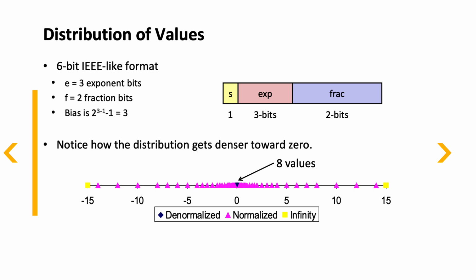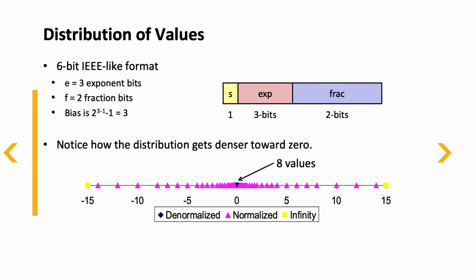So we see that as we get higher and higher, and we're in the normalized range, it clusters a little bit more. It's more densely packed as we get towards 0, and then things spread out as we get to larger positive and negative numbers. And then eventually we hit the point where we start getting into the infinite values on either end.